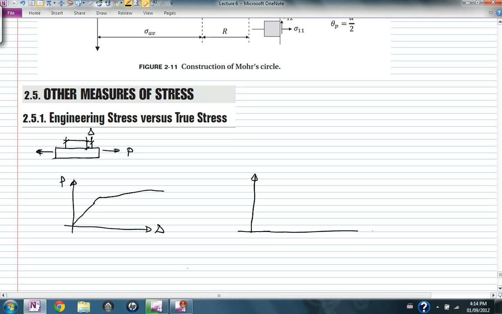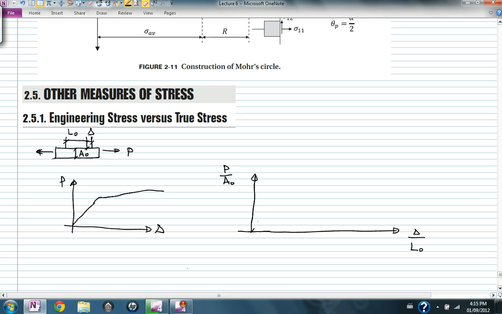Then what they would do, in the past, is measure the area A0 and the length L0 before the application of any force, and normalize the force by dividing it by A0, and normalize the length by dividing it by L0.